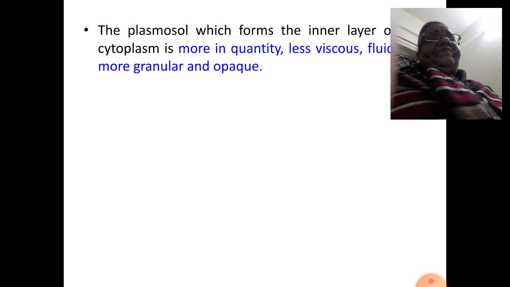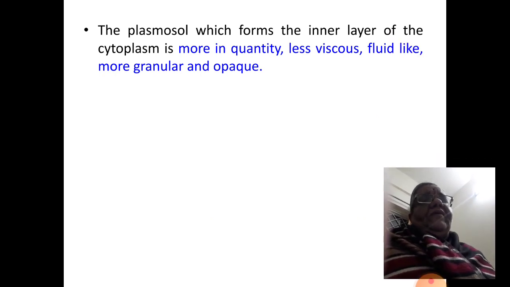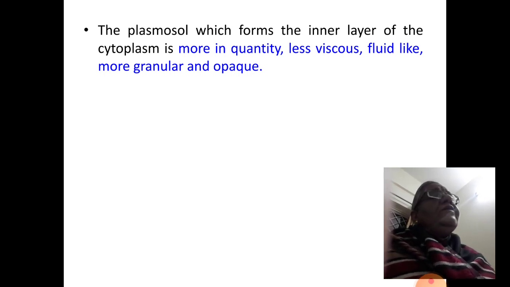On the other hand, the plasmosol, which forms the inner zone of the cytoplasm, central zone of the cytoplasm, is more in quantity, less viscous, fluid-like, more granular and opaque.